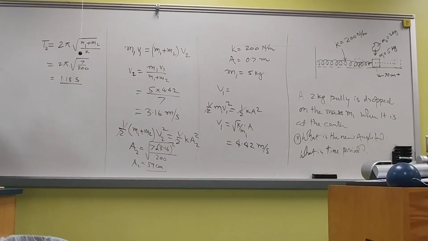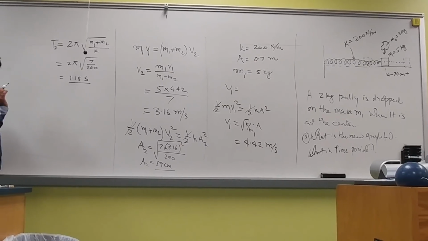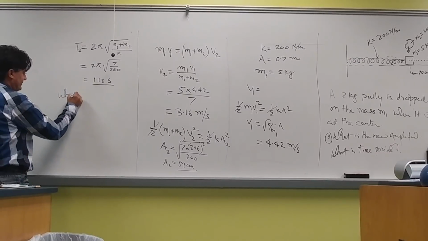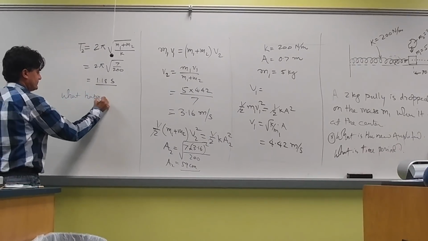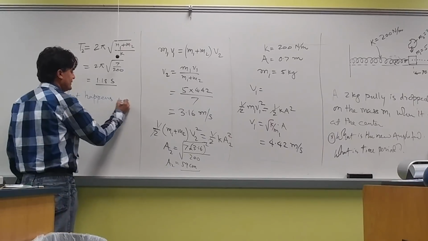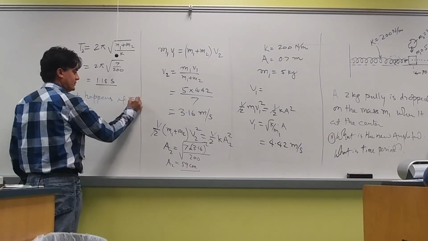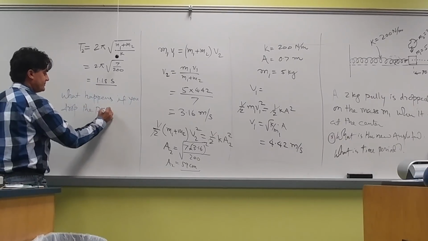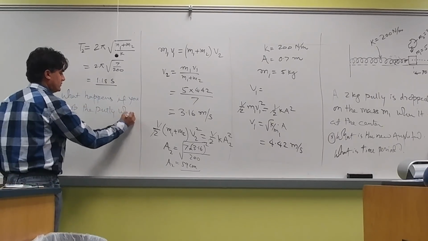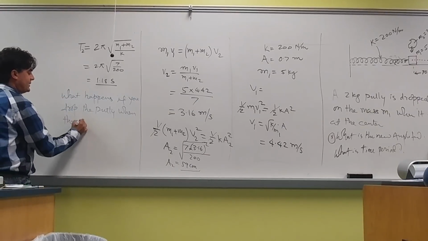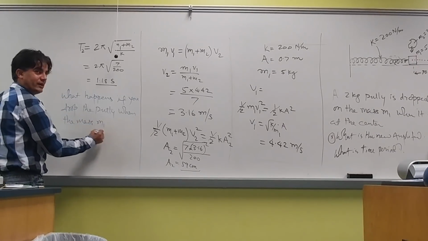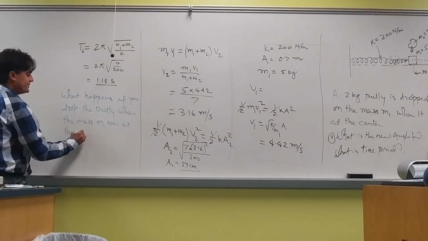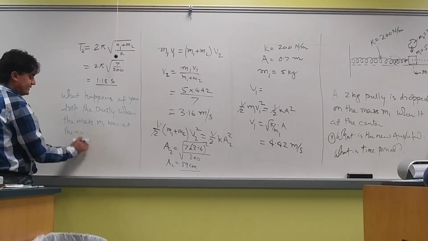Now, another question, the blue question. What happens if you drop the putty when the mass m1 was at the extreme point, not at the center, but at the extreme point?